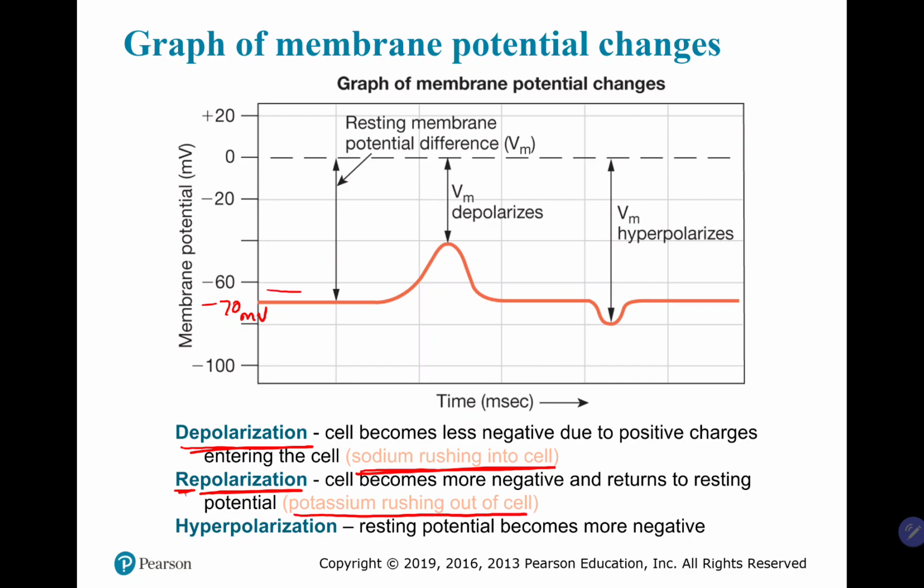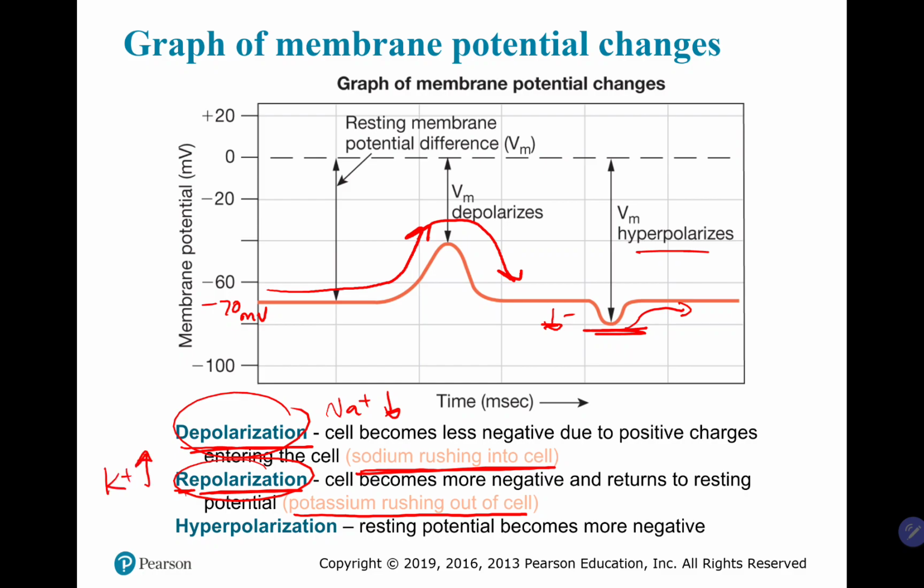So if you look here, we're resting, it depolarizes, sodium enters, then it repolarizes, potassium rushes out. This stage of hyperpolarization is where the resting membrane potential becomes even more negative, and then it goes right back to its resting membrane potential. Remember, depolarization is sodium rushing in, repolarization is potassium rushing out.